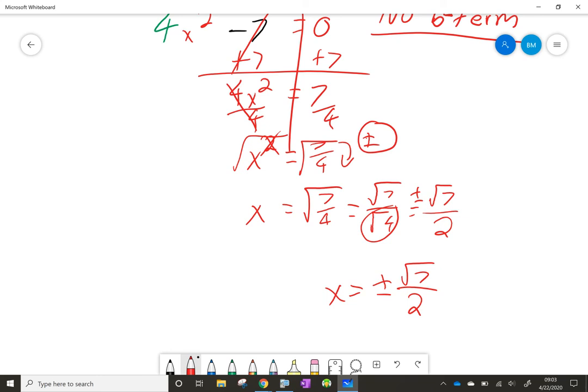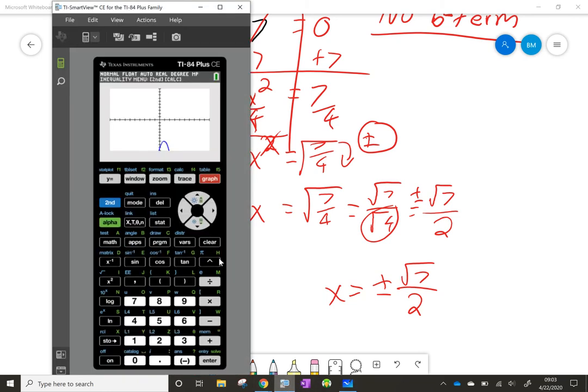But yeah, you could have gotten a decimal from that. You could have done your calculator. Let's go back. You could have just done your calculator 7 divided by 4, right? And then you could have just taken the square root of that. So the square root of 1.75, right?